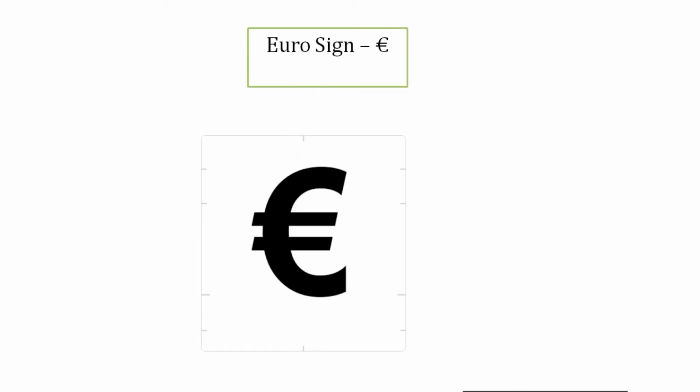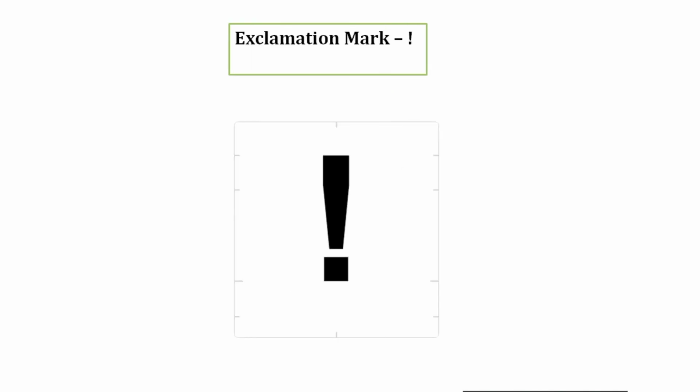Next is euro sign. It is used for the official currency of the Eurozone and some other currencies such as Kosovo and Montenegro. This is the official currency of European countries. Next is exclamation mark.